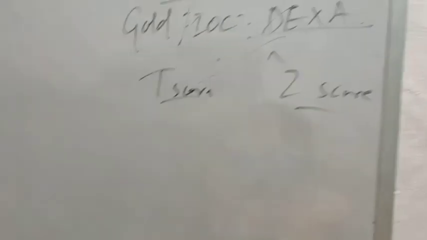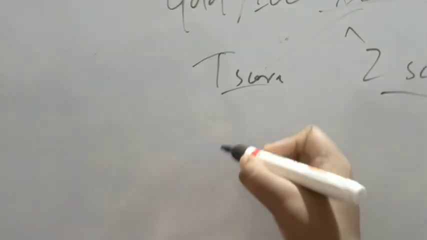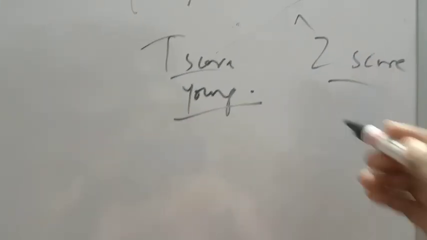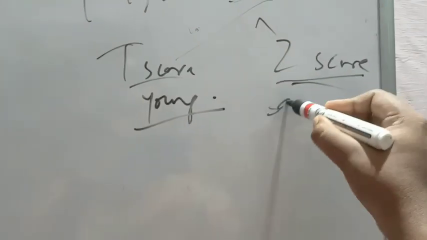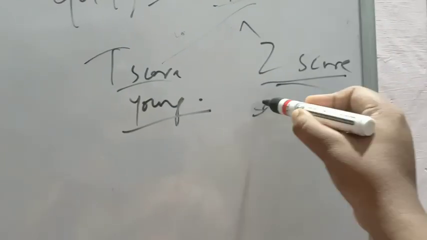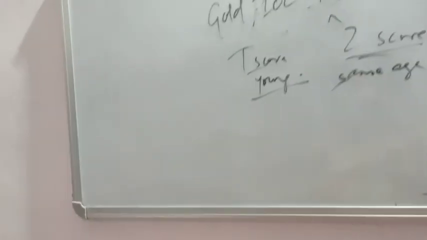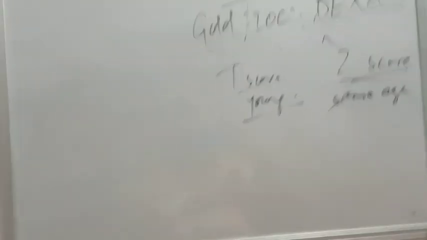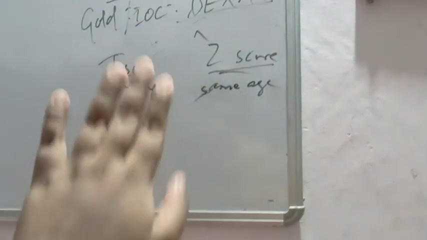Now, what is T score and what is Z score? So, T score is you are comparing that person's bone density to a young adult. Z score is you are comparing it with a standard person of the same age. A 60-year-old woman coming to you with bone pain, pathological fractures, then you will compare her with the reference point of a normal 60-year-old woman.